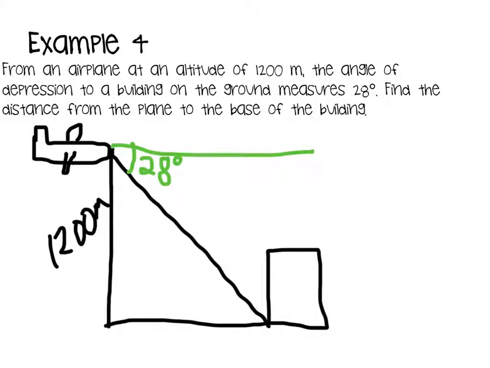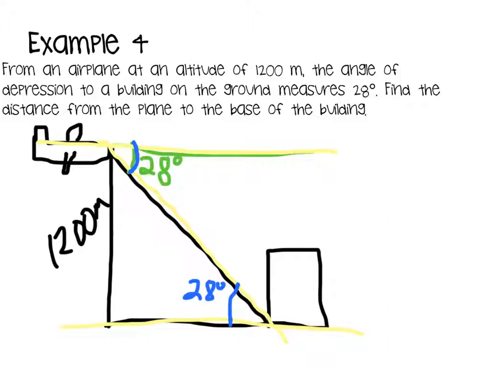And just like that last problem, in this problem, we have two horizontal lines and a transversal. So we have alternate interior angles. This angle and this angle. Alternate interior angles, from what we studied earlier this year, are congruent. So this angle is 28 degrees.